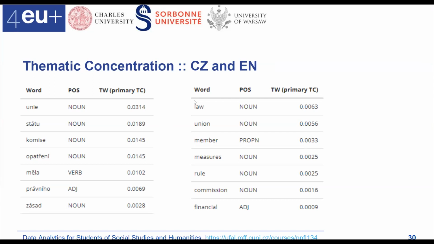Just imagine all the articles. You would have to somehow normalize it.